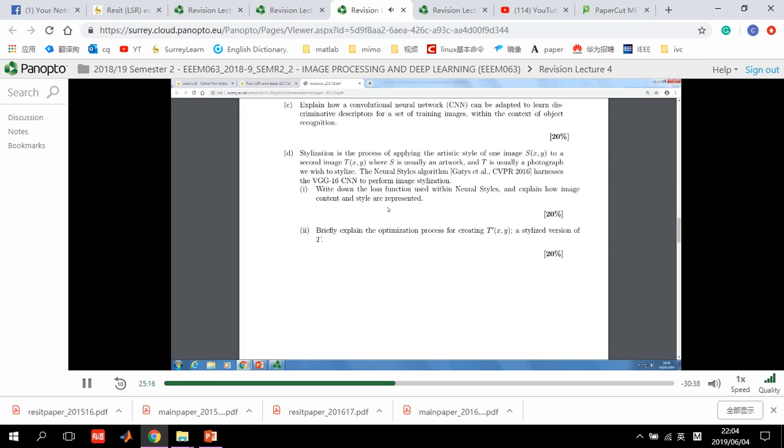And I also want another property of my T prime. I want the style of my T prime to be equal to the style. Oh, sorry, the style function was Z of S, which is my style image. Yeah, so my style image is coming from these early layers.